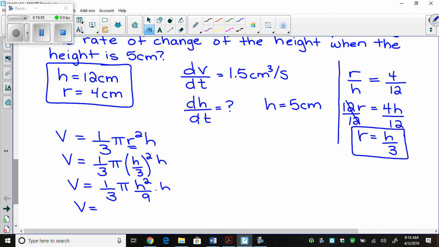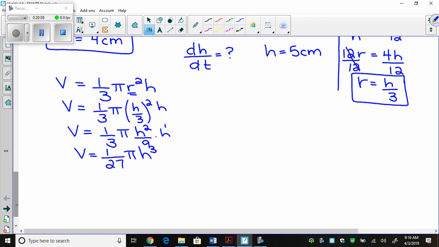V equals, I can bring that 9 in front, so 1 over 27 pi h squared times h, which is h cubed. Now we have a formula that has only one variable, correct? So what can we do? Derivative. Differentiate it.